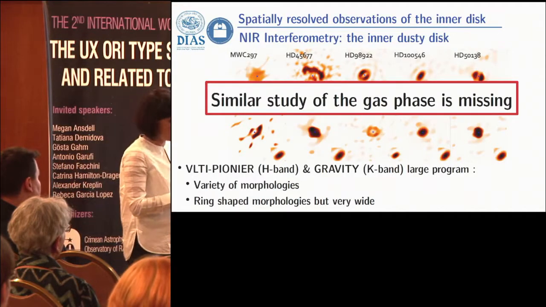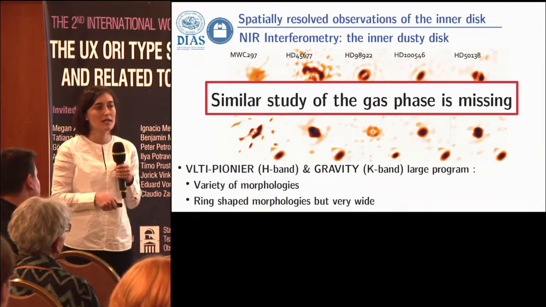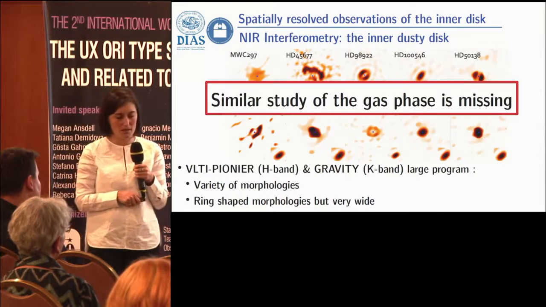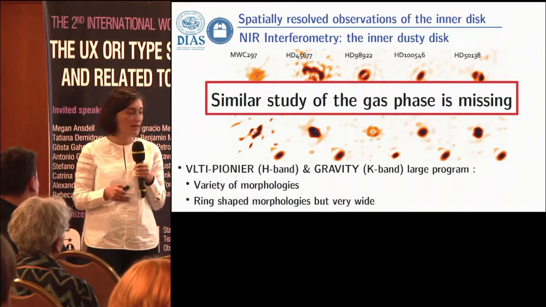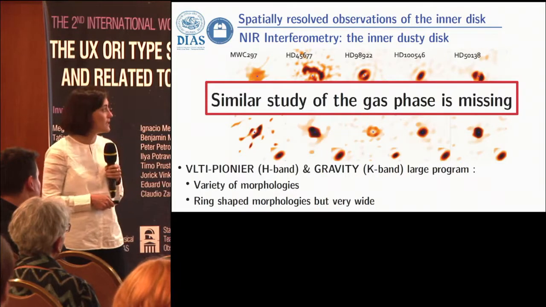Unfortunately, we are still missing a similar study, like the one that I showed you for the continuum, but on the gas. And in truth, one of the main aims of the GRAVITY YSO survey is to look at the gas.